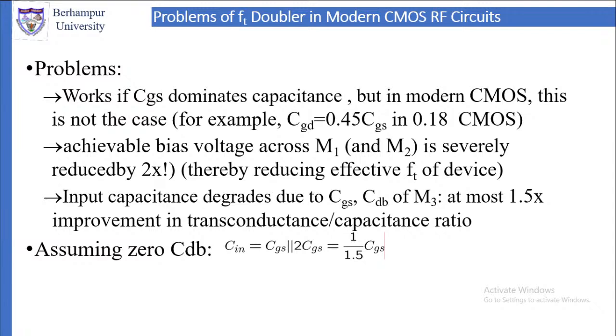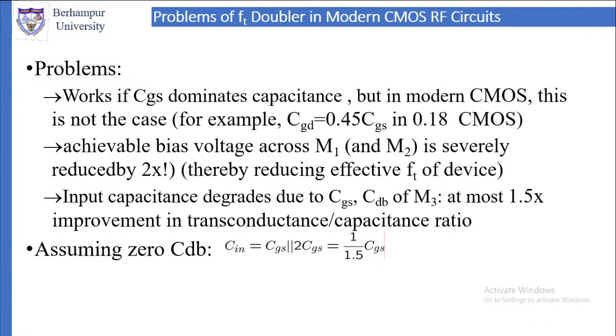You cannot achieve more than 1.5 times improvement, which means you cannot have an FT doubler, because the transconductance capacitance ratio should be doubled to get an FT doubler. So you cannot double it, you can go up to 1.5 times. So input capacitance degrades due to CGS, CDB of M3, that restricts the doubling of transconductance to capacitance ratio.